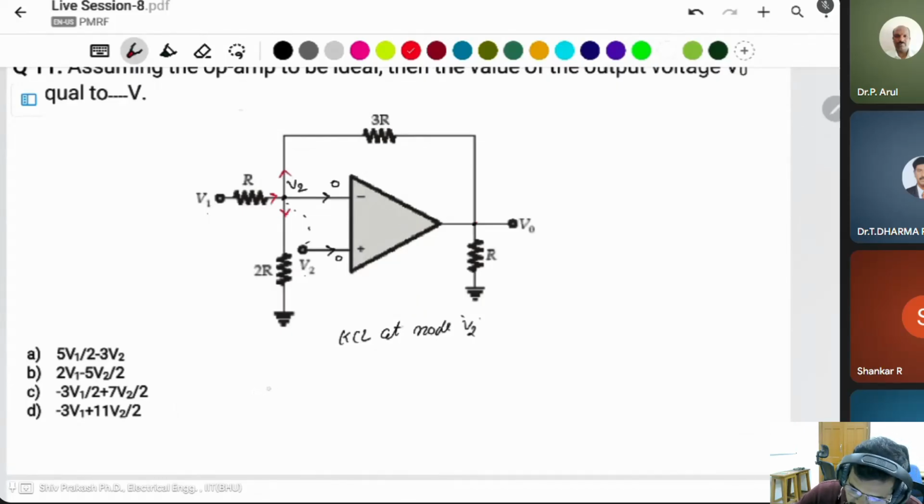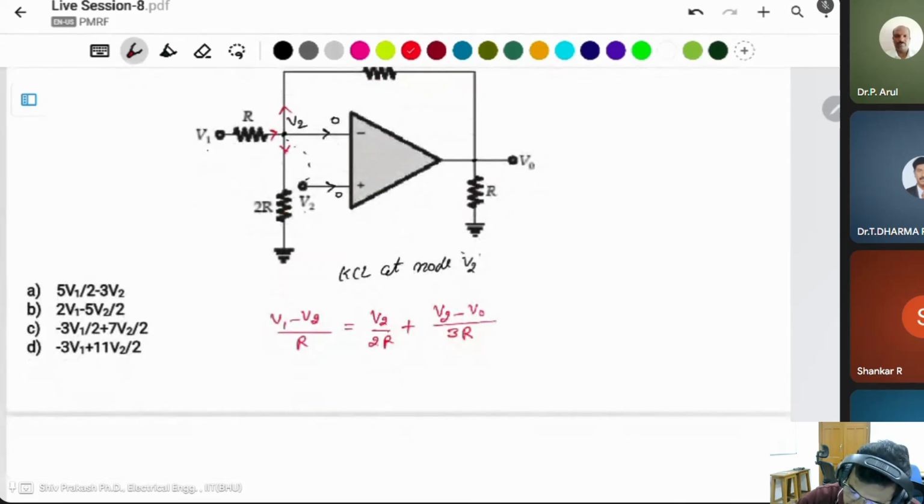Incoming current is equal to outgoing current: (V1 minus V2) divided by R is equal to V2 by 2R plus (V2 minus V output) divided by 3R. R will be cancelled out. V1 minus V2 is equal to V2 by 2 plus (V2 minus V0) by 3.